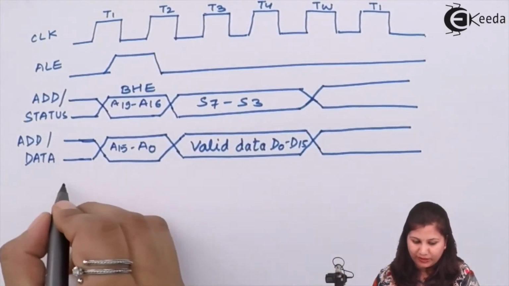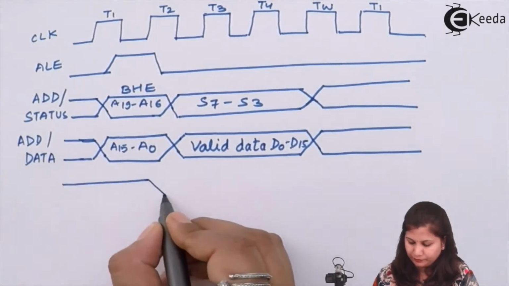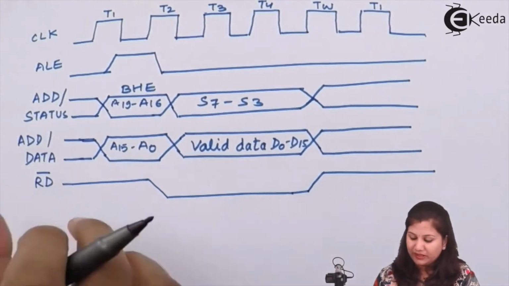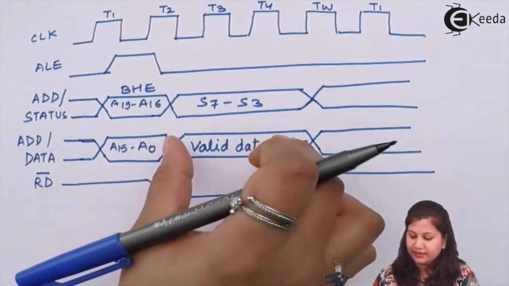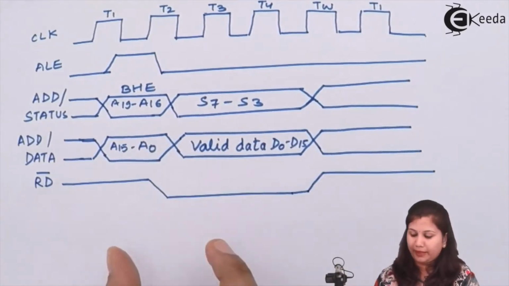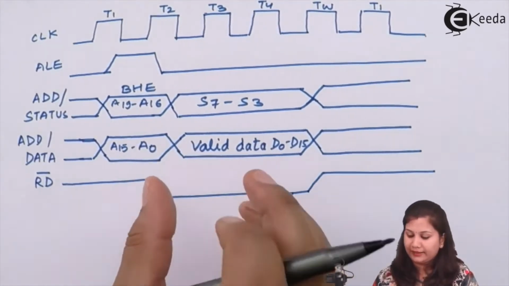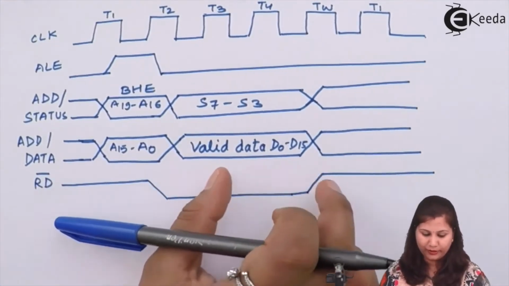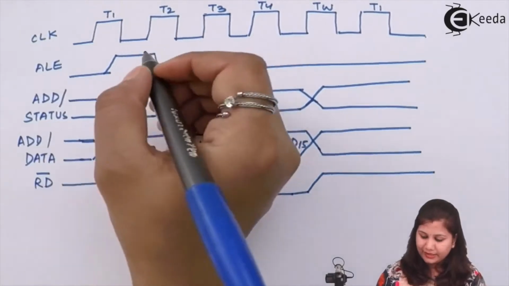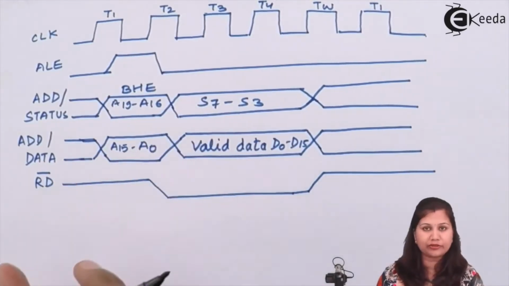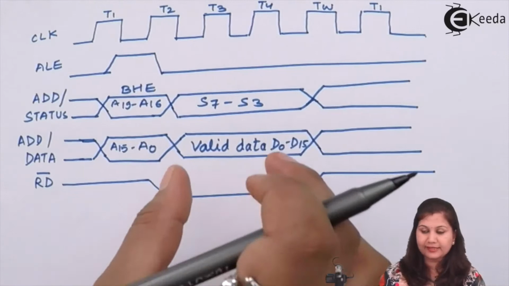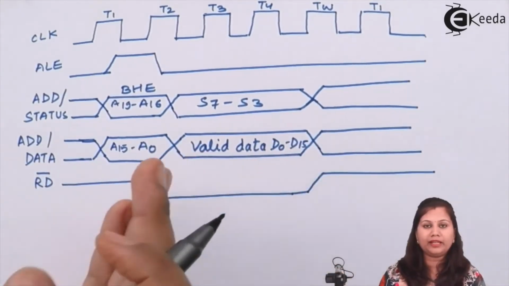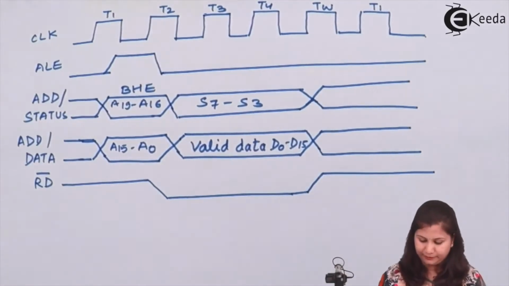When this read signal is low, that means the signal is activated, and this valid data will be read by the microprocessor and will be available on the address and data bus. So at this T2 state, the address is removed and then data is placed on this address and data bus, and that data will be read by the microprocessor.